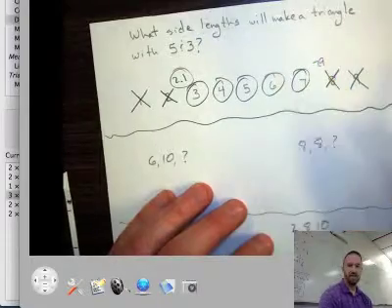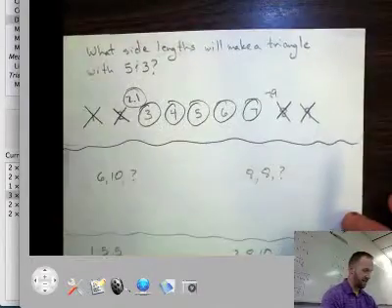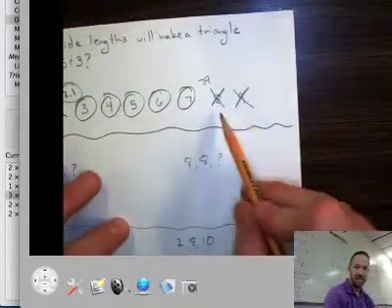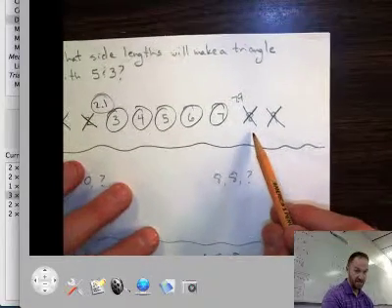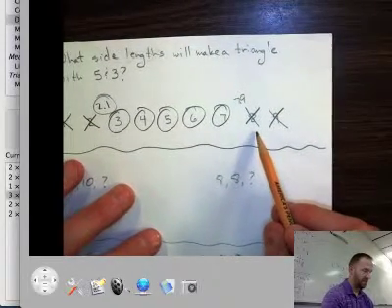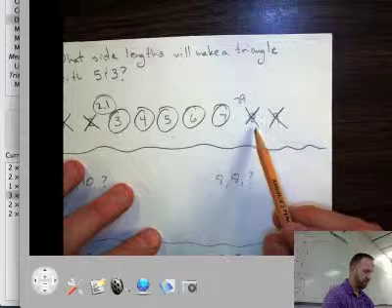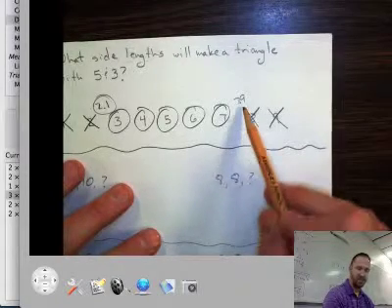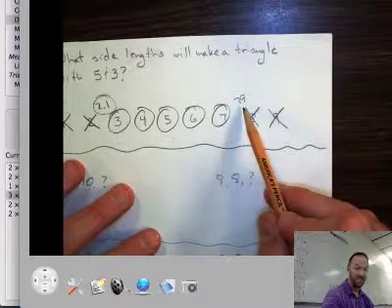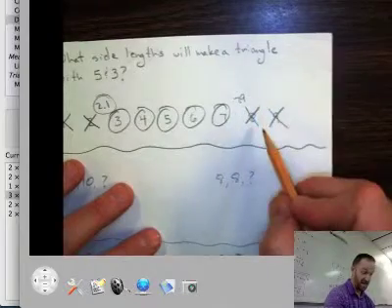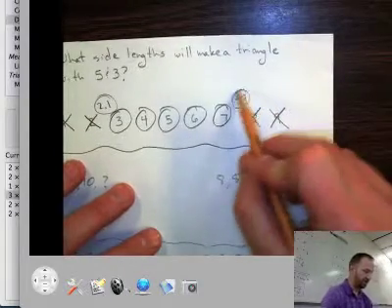The same thing over here. When we had the 3, the 5, and the 8, it made a straight line. But as soon as that longest one got a little bit smaller than 8, like 7.9, it would make a triangle.